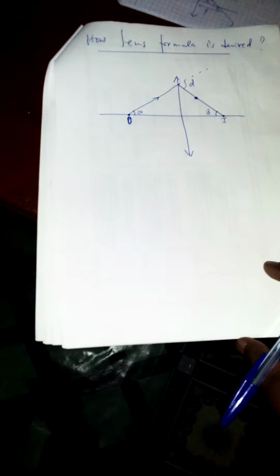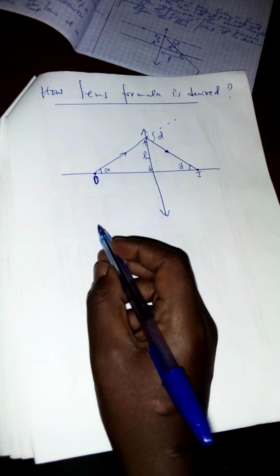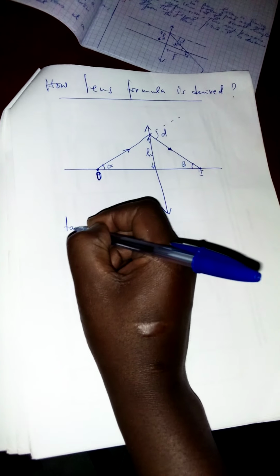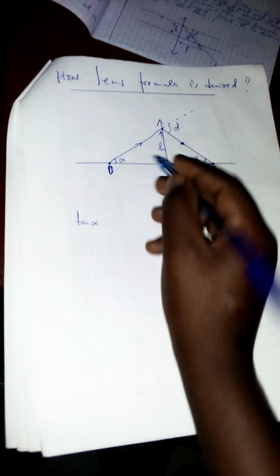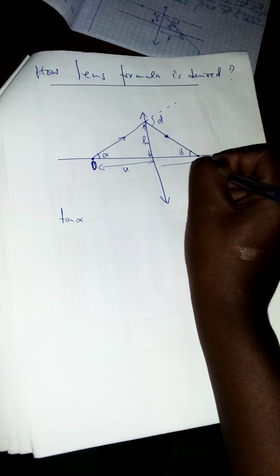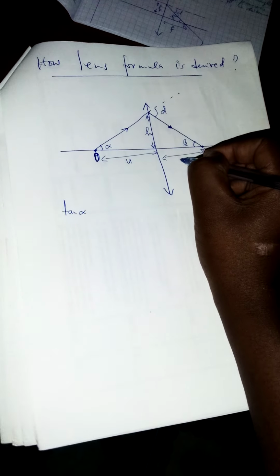The incident ray makes a small height here on the lens, which is called H. The distance from the point object to the lens is called the object distance U, and the distance from the lens to the image is called the image distance V.